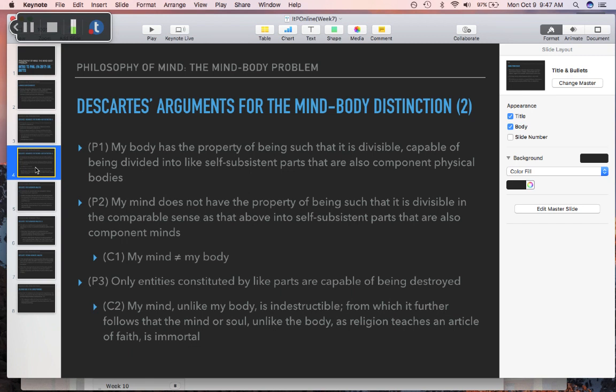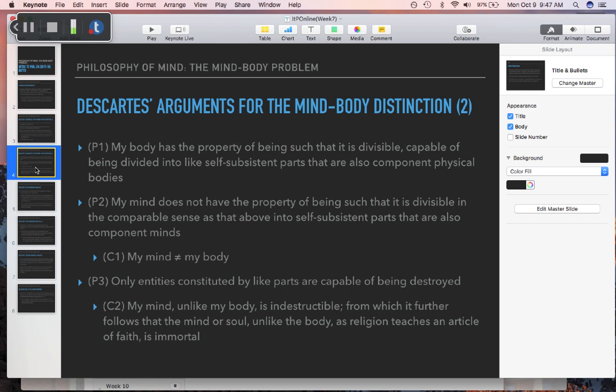So we could pull apart any physical object, and it would have smaller parts which were still recognizable as something in their own right. Premise 2: My mind does not have the property of being such that it is divisible in the comparable sense as above into self-subsistent parts that are also component minds. So here he's making a claim that your mind is sort of this unified thing, right?